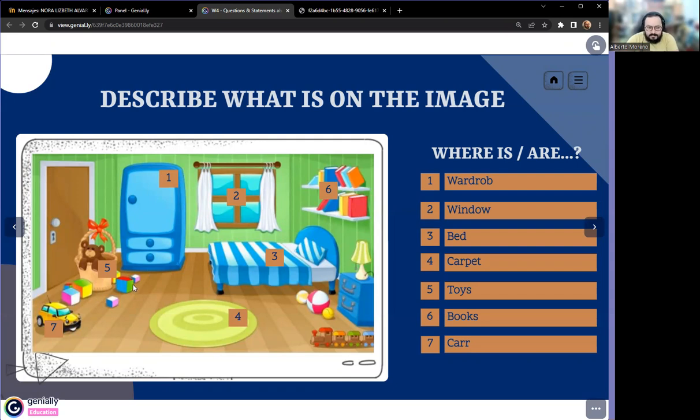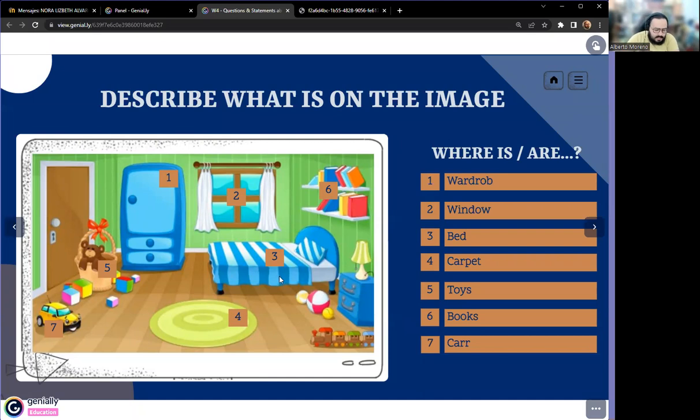Sería como, next to the window. Y si dijéramos que está atrás del oso, behind the bear, okay? And where is the window? Across from the bed?